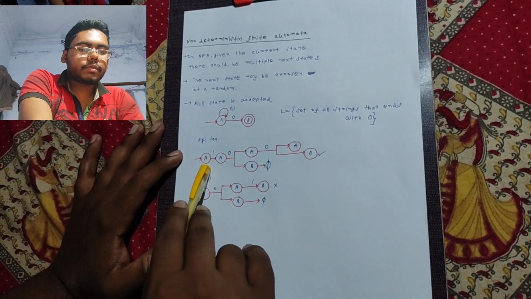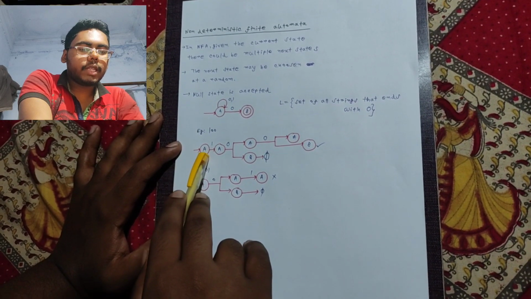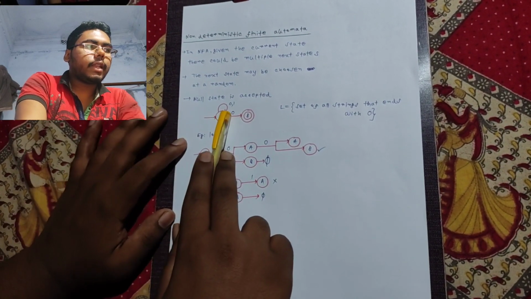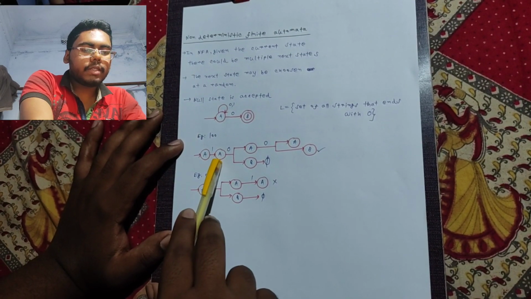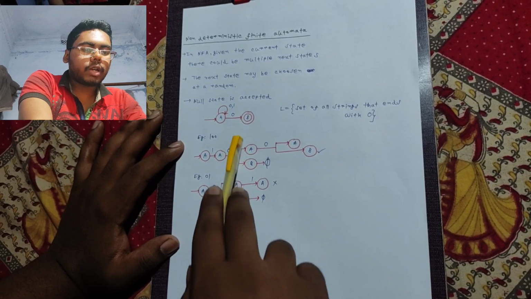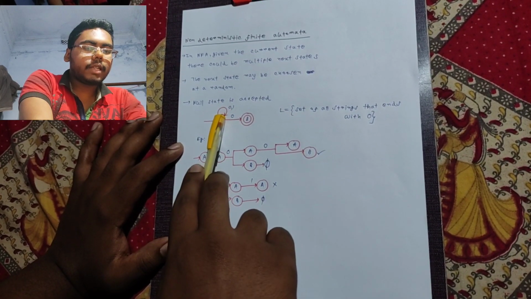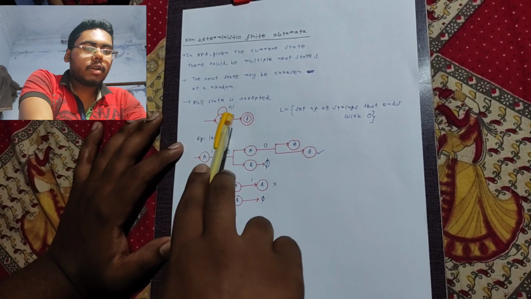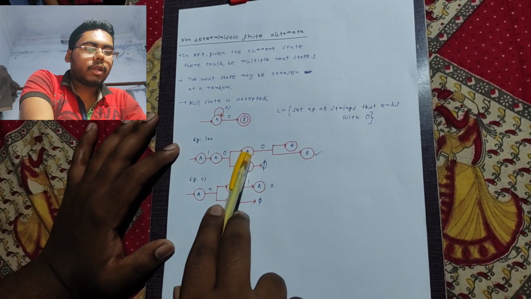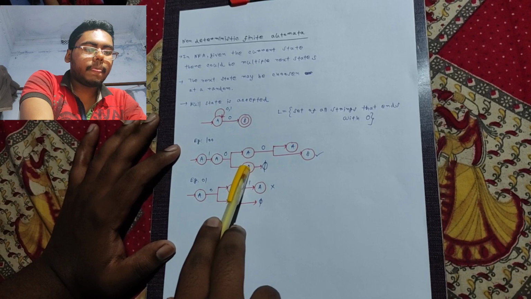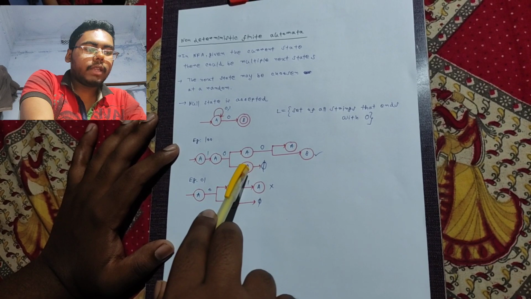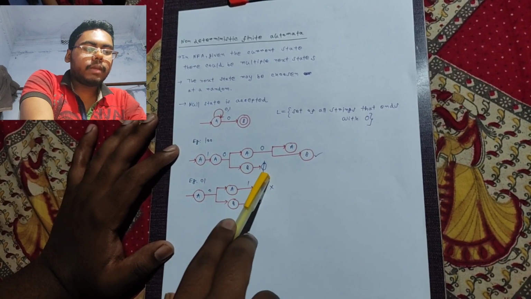If we take A as our initial state and we give 1, it remains in A. Now if we give 0, there are two possible outcomes: either it is a self loop and remains in A, or it goes to B. Here we have 0 and two next states, which are A and B. Now after B we do not give any input, so it remains at null.